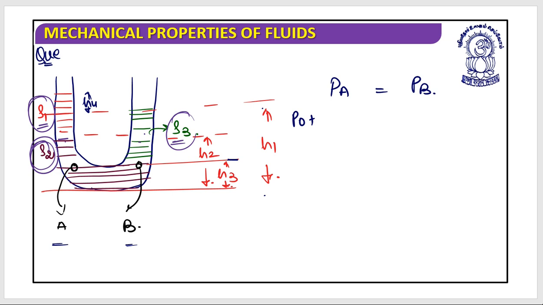So this height is H1 minus H3, and this height is directly, yes, also H1 minus H3. So pressure at A is P naught plus H4 plus H1.